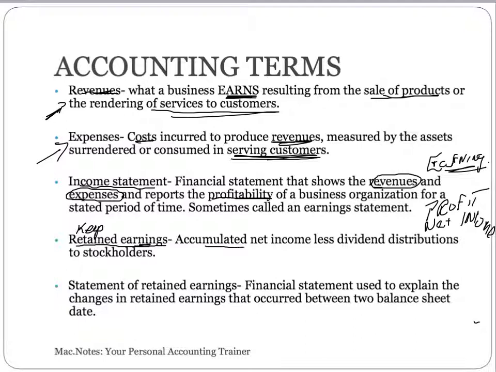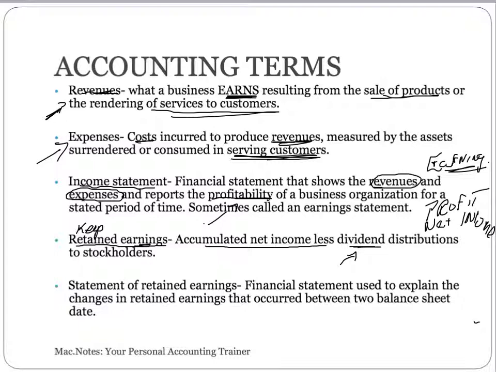And the retained earnings is accumulated net income. Now, if I paid back the shareholders anything, that is called a dividend. A dividend is simply the term that means that the company has paid back to the shareholders some of the money that it had earned in profit from operations.